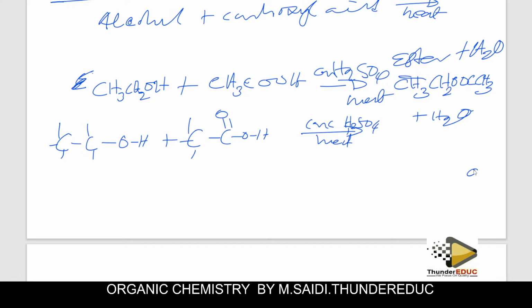Obviously, you know that one is water. And then, how does this ester form? This one is going to lose the hydrogen, and this is going to lose the hydrogen and oxygen, and these two form the water we are talking about. Then the remaining ones combine and you form this C.